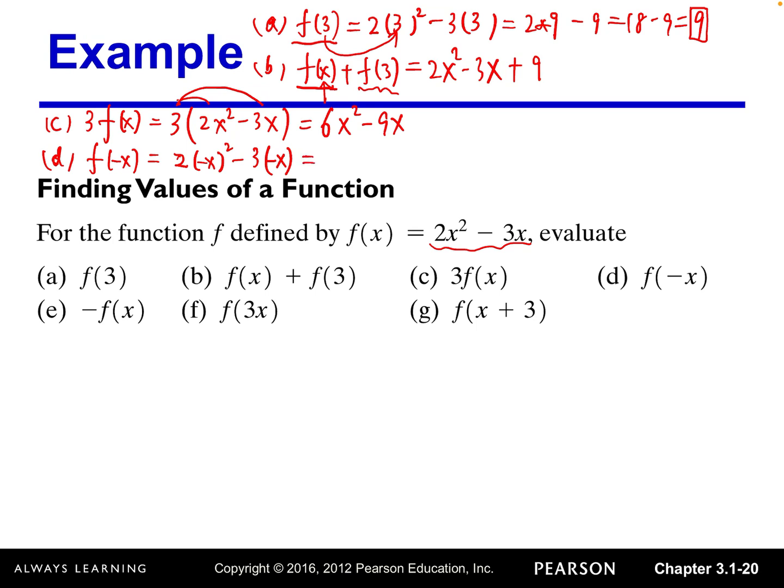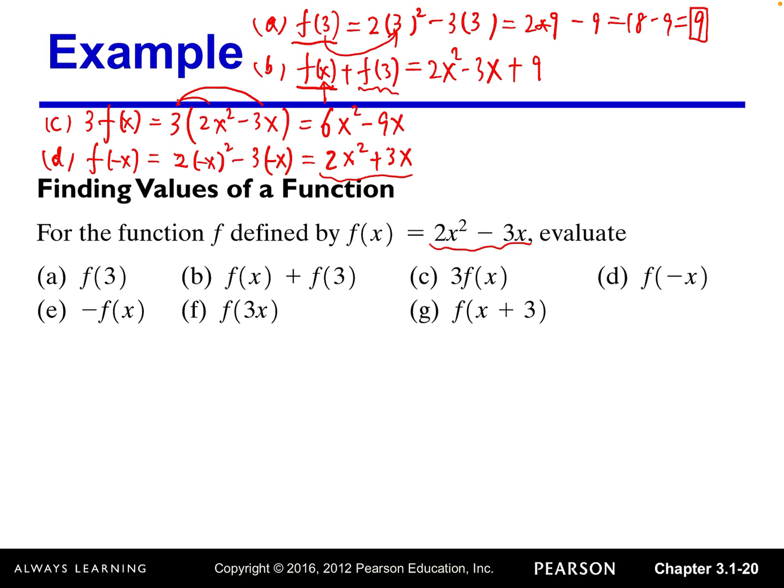And then simplify. Negative x squared, the negative cancels out, so that's the same as 2x squared. The negative sign is eliminated. And then minus negative 3x, minus a negative changes the sign and becomes plus 3x. So f of negative x evaluates to 2x squared plus 3x.